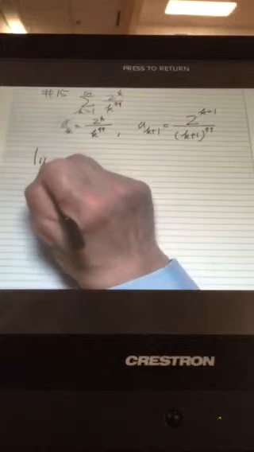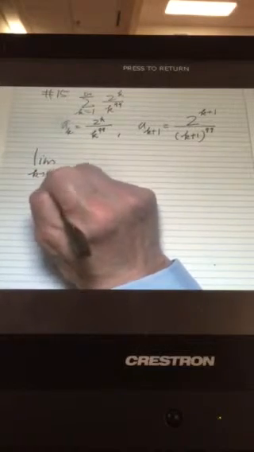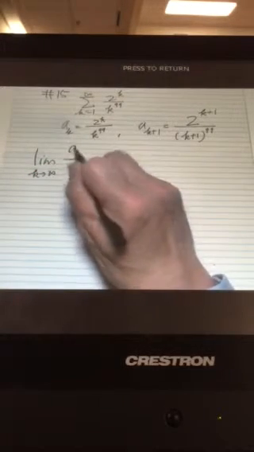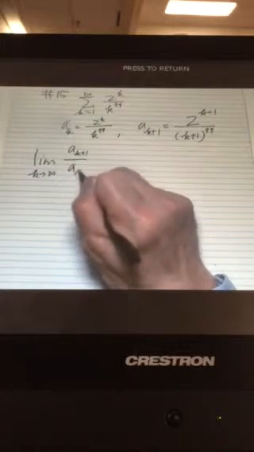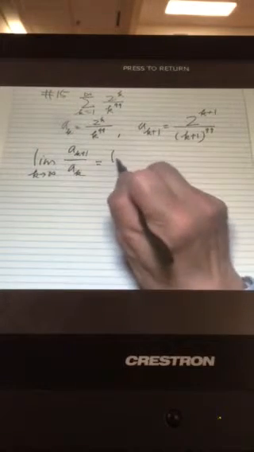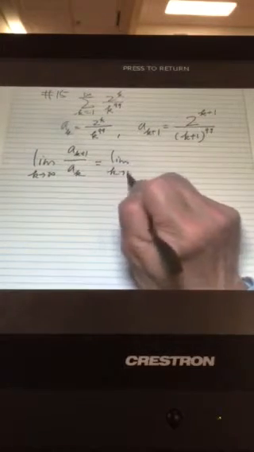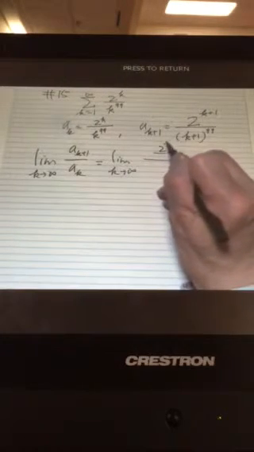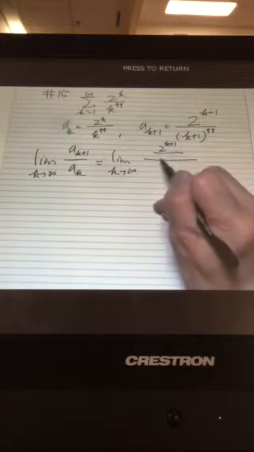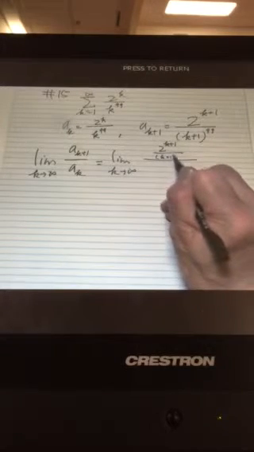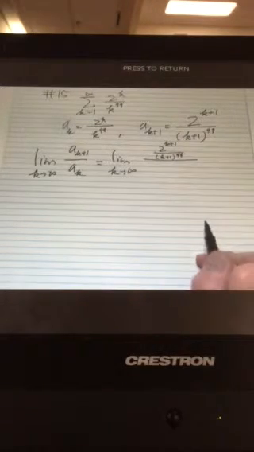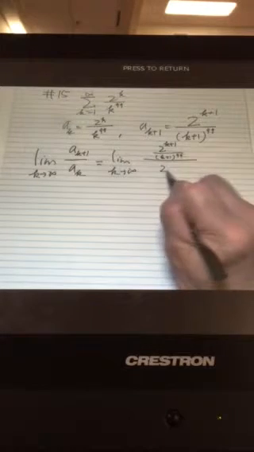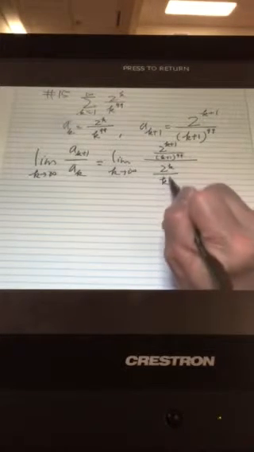I'm going to take the limit as k goes to infinity of a sub k plus 1 over a sub k. A sub k plus 1 is 2 to the k plus 1 over k plus 1 to the 99, and a sub k is 2 to the k over k to the 99.